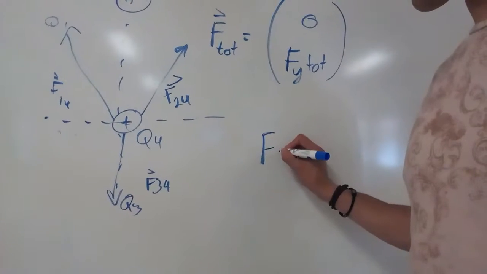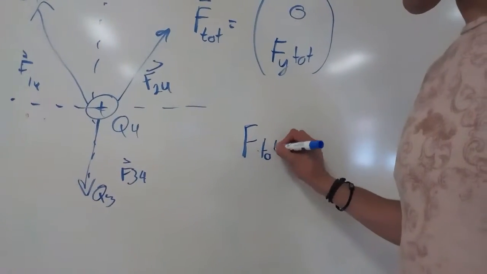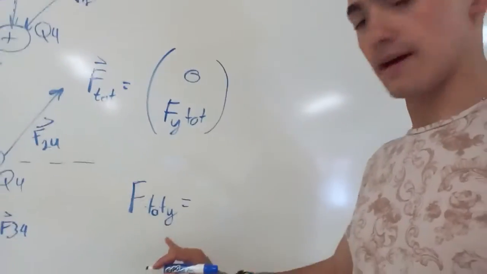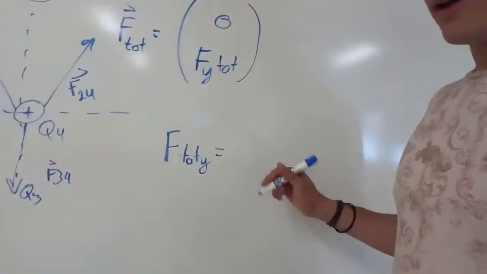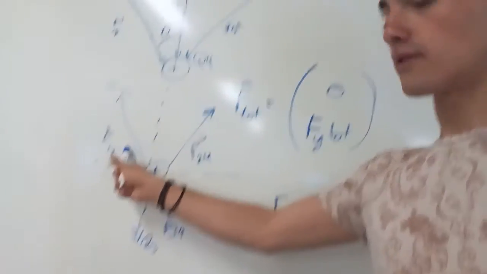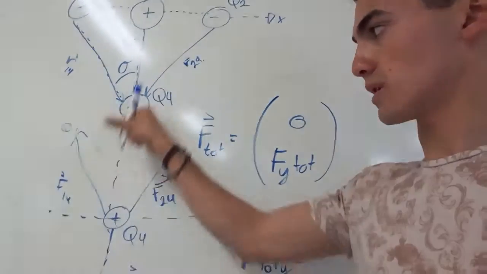Okay? Once we notice this, we can do the explanation of the total forces in y. The total force in y is represented first with the force of 1 to 4 that goes upwards.